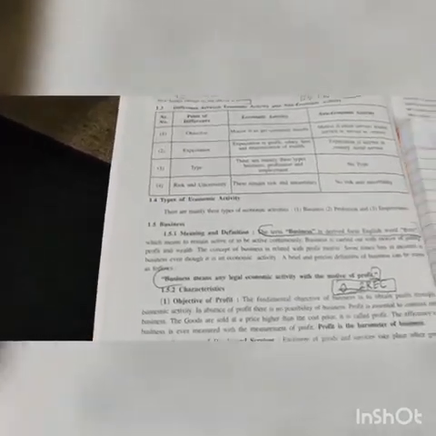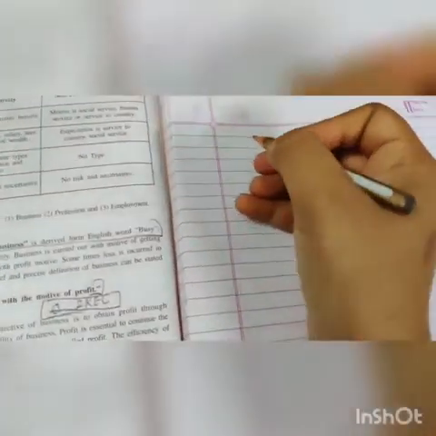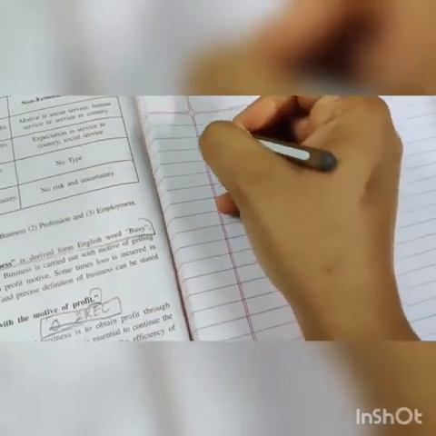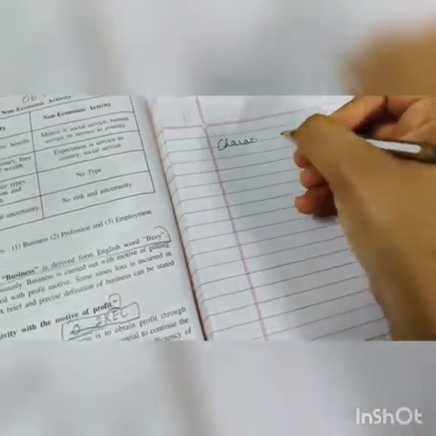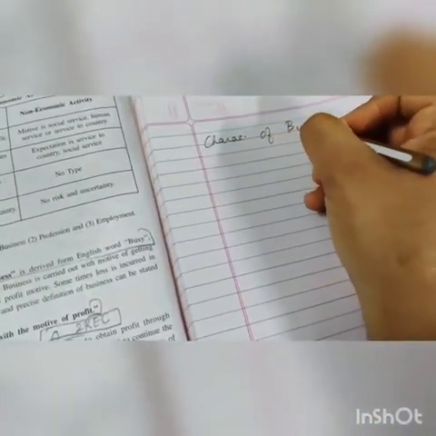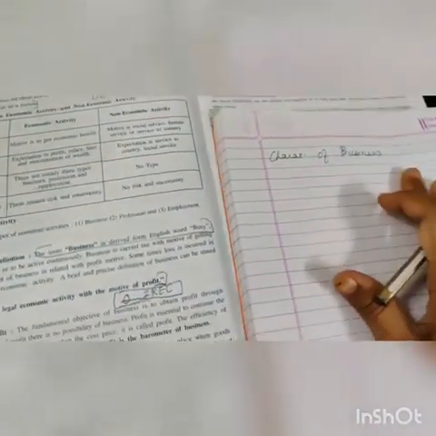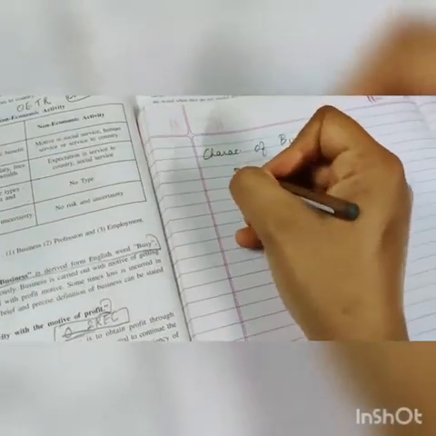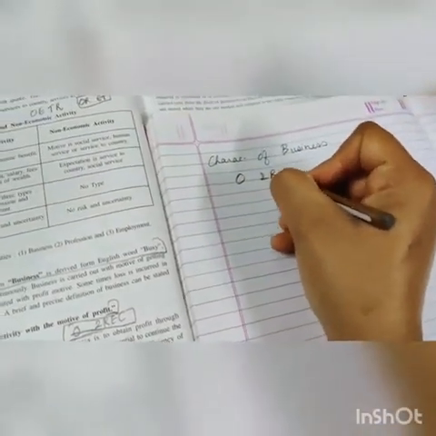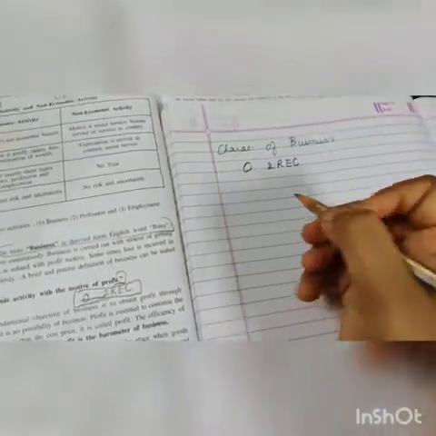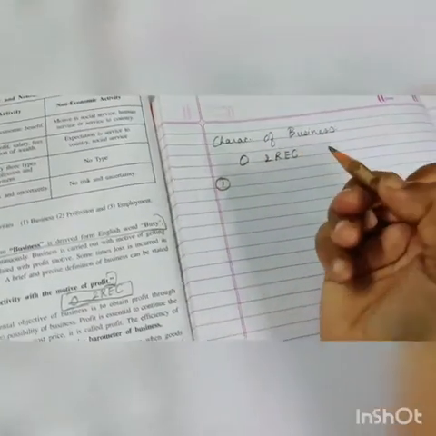See the first point I have stated here: characteristics of business. Clear? Now what you can do, what is the key point? O to REC. See, first is what?